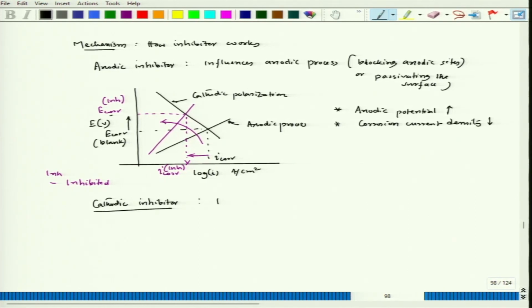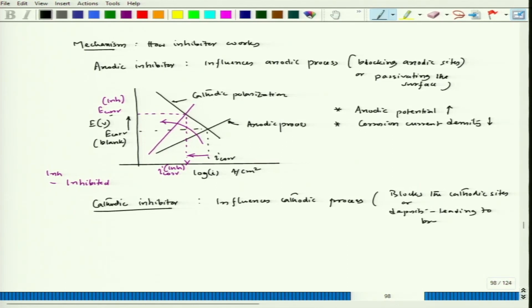it actually influences the cathodic process. Fine. Or it actually blocks the cathodic site, or at times deposits, leading to a break in the cathodic reaction.